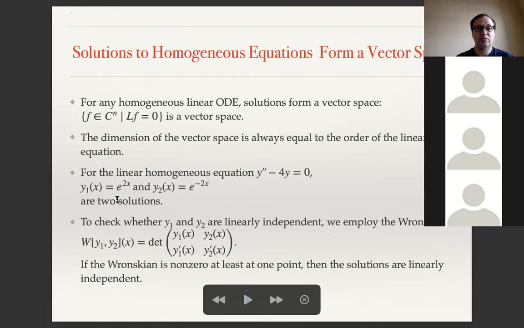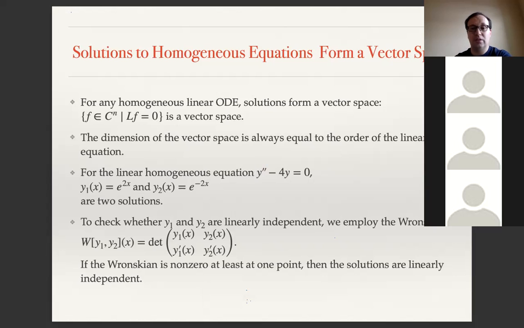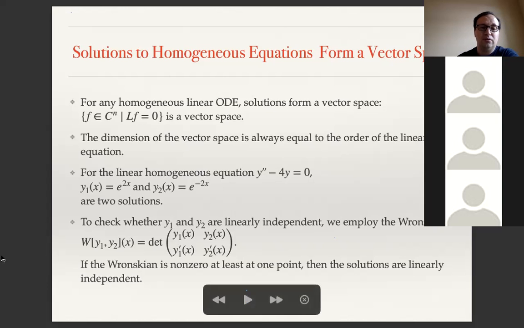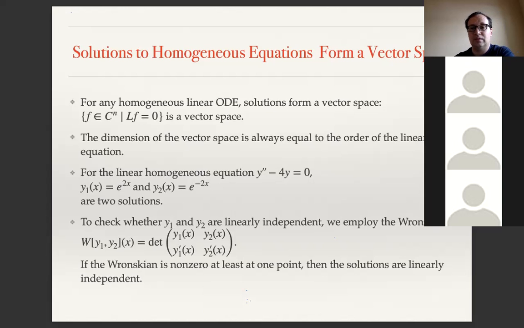And we know that the space of solutions has dimension 2. And then, again, it suffices to come up with pretty much any two solutions. But then we need to make sure that they are linearly independent. So in this case, e to the 2x and e to the negative 2x are pretty natural choices for solutions, as we'll see not very long from now.